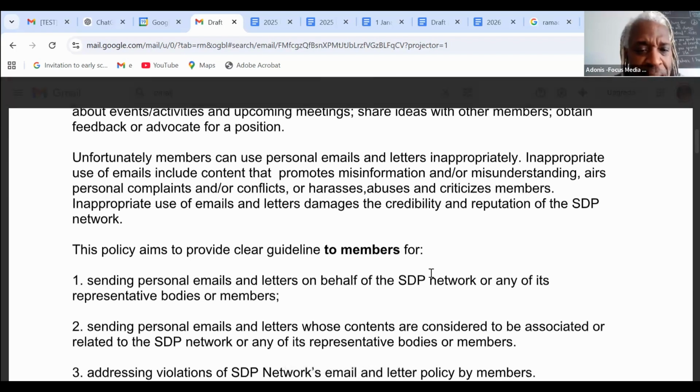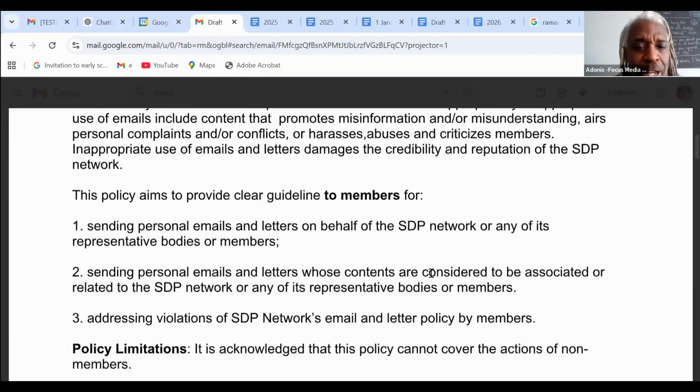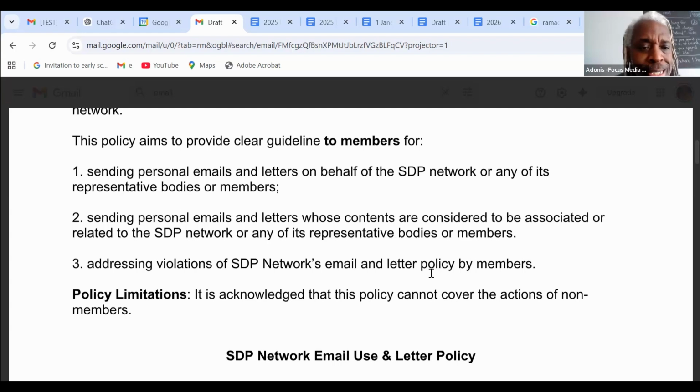This policy aims to provide clear guidelines to members for 1, sending personal emails and letters on behalf of the SDP network or any of its represented bodies or members. 2, sending personal emails and letters whose contents are considered to be associated or related to the SDP network or its represented bodies or members. 3, addressing violations of the SDP network's email and letter policy by members.